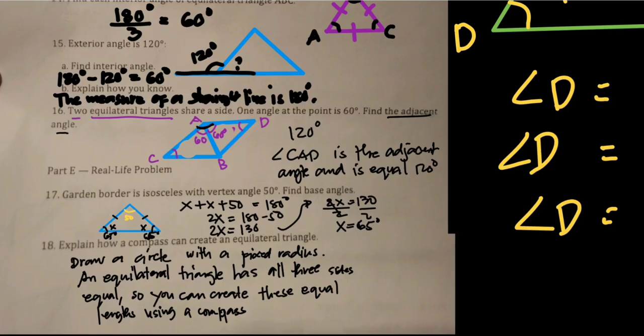You really have to demonstrate that. You start with a segment, draw a straight line segment, and label the endpoints.